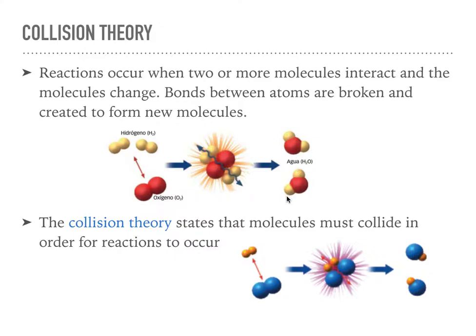So what collision theory says is that molecules collide, and when they bump into each other, they release energy, and that's the energy used to break the bonds that tie the molecules together and create new ones, okay?